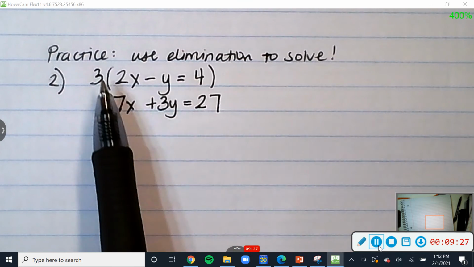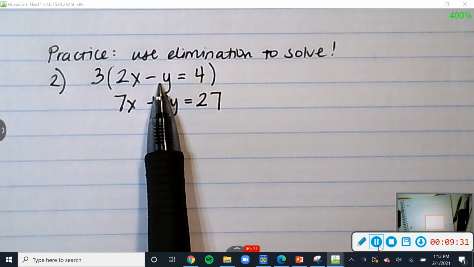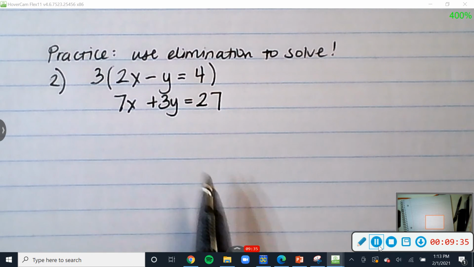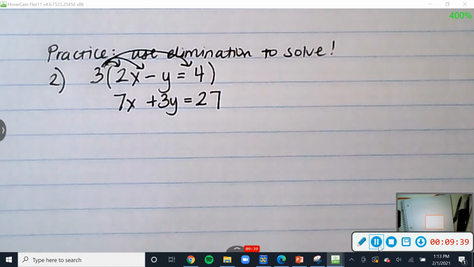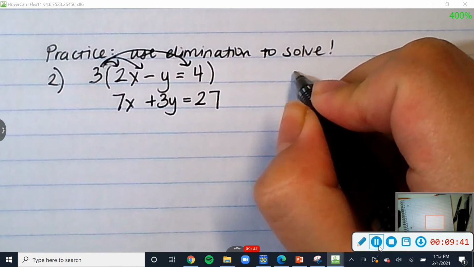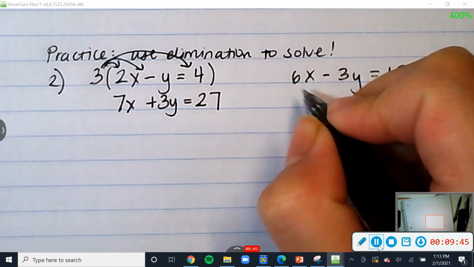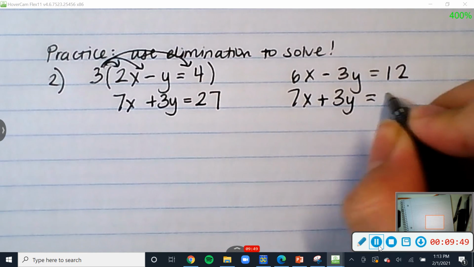If we multiply this times 3, this will make the coefficient in front of the y variable 3, and it will match the one below. So I'm first going to distribute this and multiply everything times 3. This will leave us with 6x minus 3y equals 12, and 7x plus 3y equals 27.